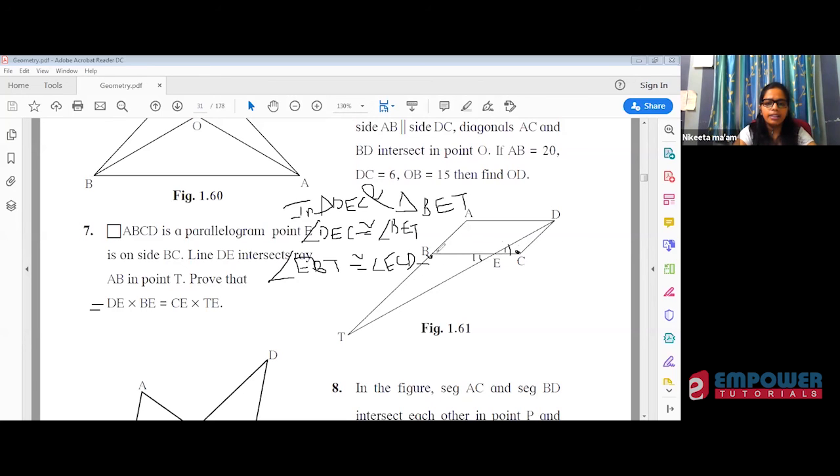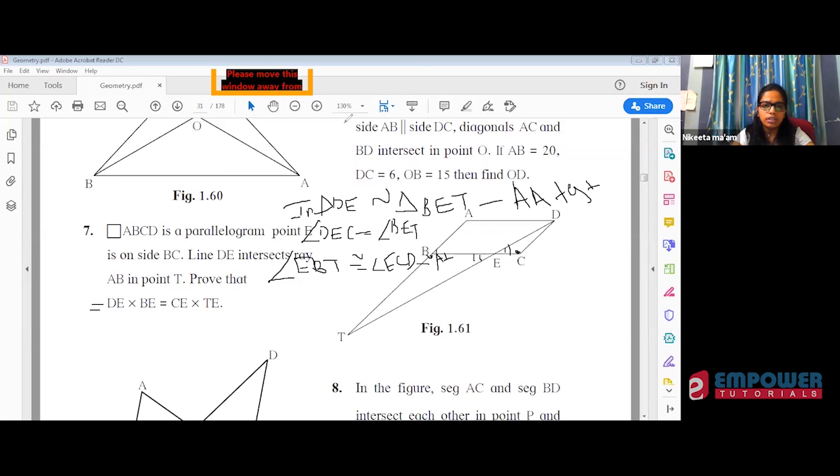Why? Alternate interior angles. So by which test? Double A test, I can say that these two triangles are similar. So we have shown that these two triangles are similar.